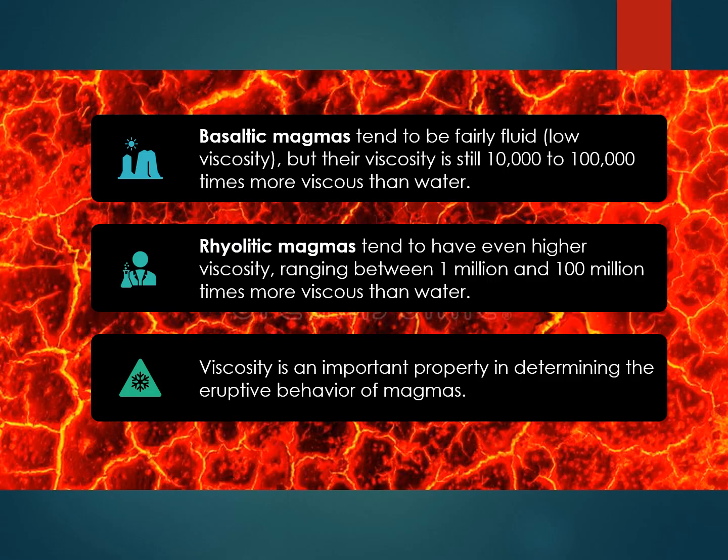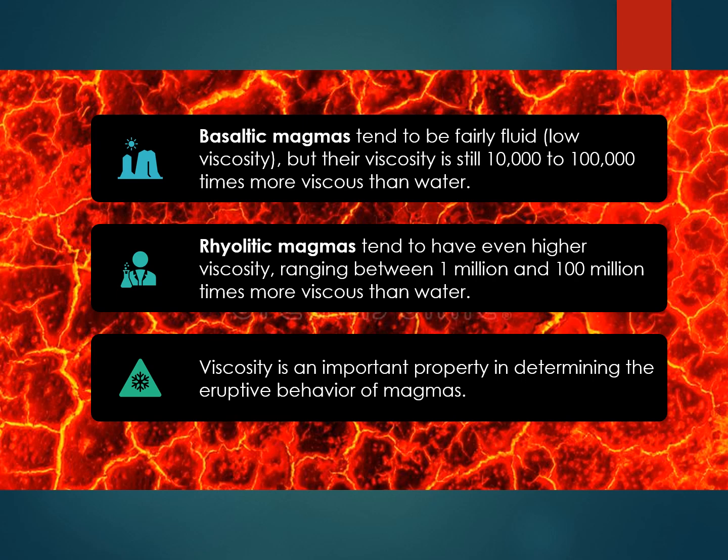Basaltic magmas tend to be fairly fluid, but their viscosity is still 10,000 to 100,000 times more viscous than water. Rhyolitic magmas tend to have higher viscosity, ranging between 1 million and 100 million times more viscous than water.